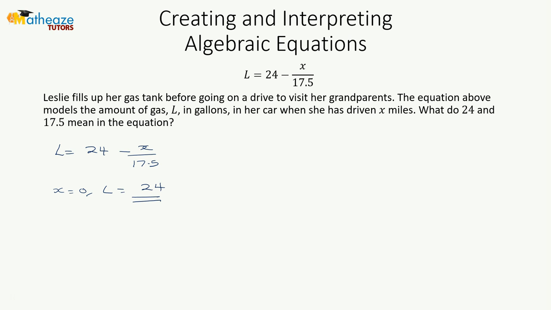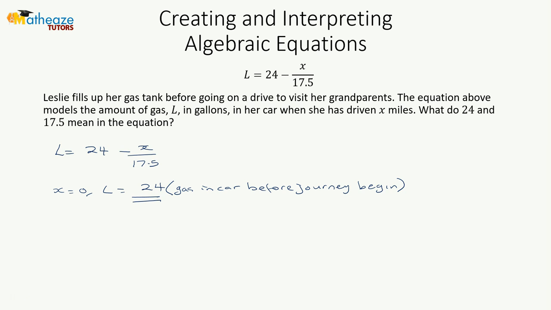So this just tells us that 24 represents the amount of gas in her car before she begins her journey. So gas in car before journey begins. Alright, so that's what 24 means. Now, what does L represent?